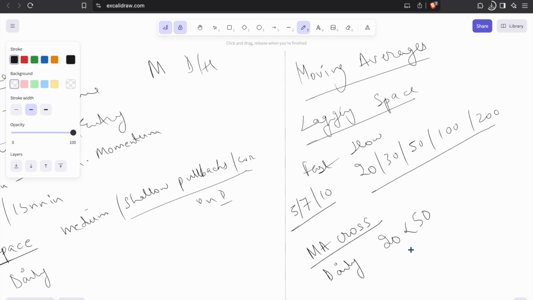That is one way. Now, you can use 10 crossing below 20, you can use 5 crossing below 10, you can use 50 crossing below 100, or any other combination as you like for however long you want to take the trades. You can do this. So this is one way you can use your moving averages for very simple signals.